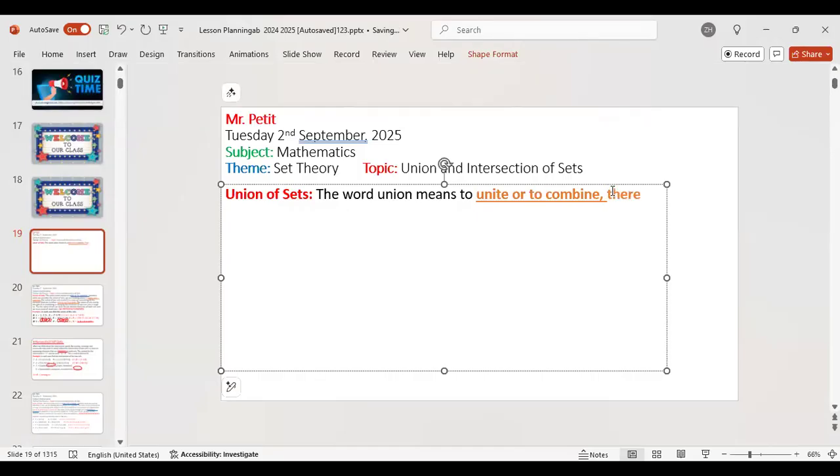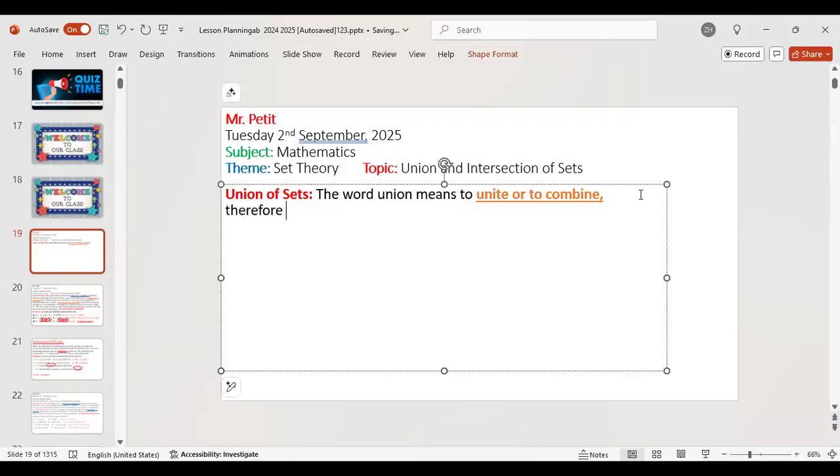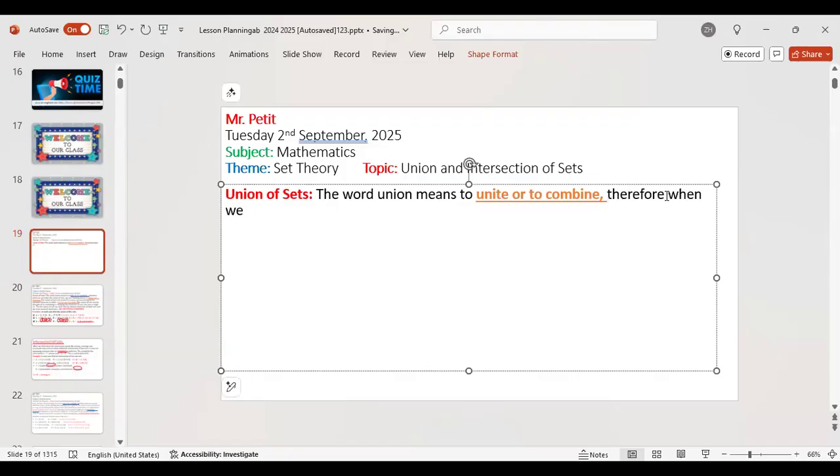So therefore, the word union means to combine or to unite. Write this down for me. Therefore, when we consider the union of sets, we are thinking about bringing the sets together.